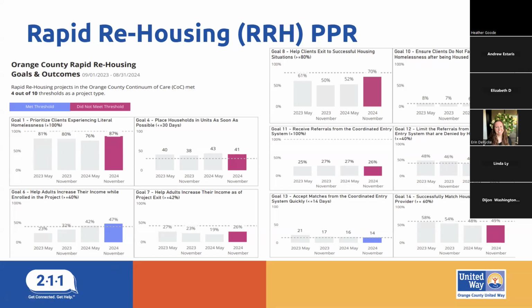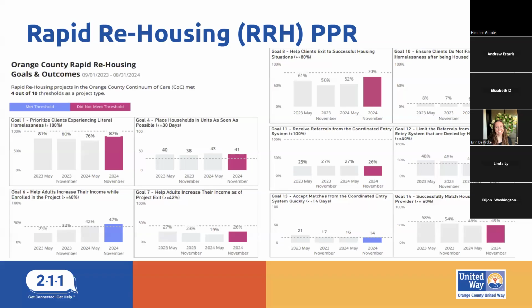Going over to Goal 10, which is ensuring clients do not fall back into homelessness after being housed, that is 7% or less, and we're holding steady at 6%. Another one that we've met is Goal 12, which is limiting the referrals from the coordinated entry system that are denied by housing providers.